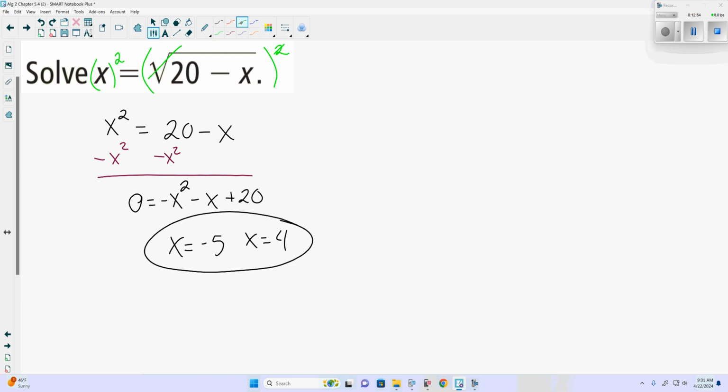I have a feeling that if y'all were to take a guess, you would have already thrown -5 out. Because if we check it, -5 is equal to the square root of 20 minus -5. Now on the left-hand side, it's just going to be -5. There's nothing else with it.